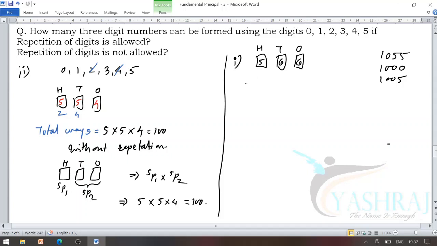So as per the multiplication principle, the total number of 3-digit numbers that can be formed using the digits 0, 1, 2, 3, 4, 5 with repetition is 5 into 6 into 6. So 6 5s are 30, and 30 into 6 becomes 180 three-digit numbers that can be formed using the digits 0, 1, 2, 3, 4, 5. Keep in mind, here repetition is allowed.